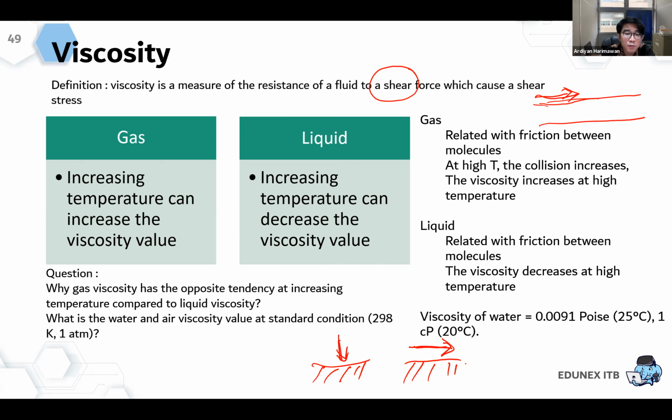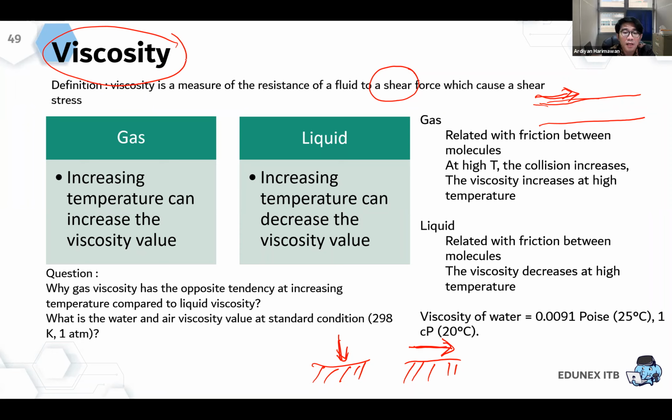Certain fluids will give higher resistance compared to others. The measure of this resistance is called viscosity. So basically, a viscous fluid, the fluid that has higher viscosity, higher thickness, will resist the shear force more.